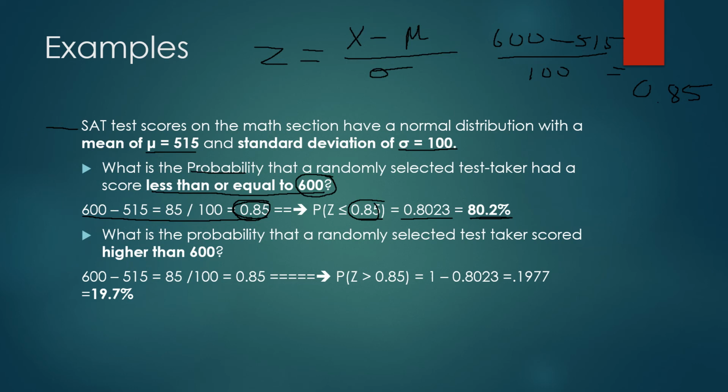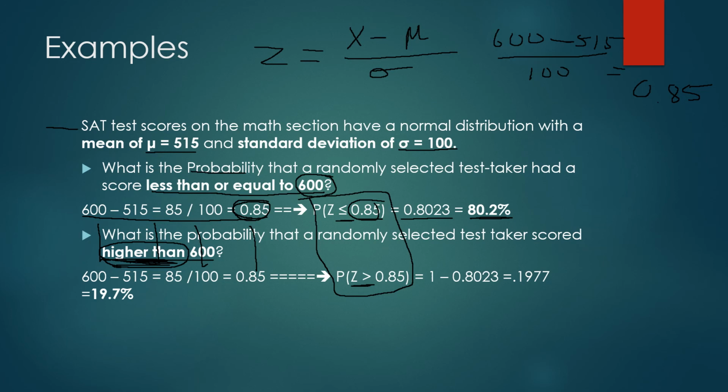Next one. What is the probability that a randomly selected test taker scored higher than 600? Nothing has changed compared to the last one, other than we're looking for people that scored higher than 600. The calculations are still the same, except once we get to this part. What's different between these two? The last one was less than or equal to, but this question is asking for higher than, so we're looking for the z-score being greater than 0.85.